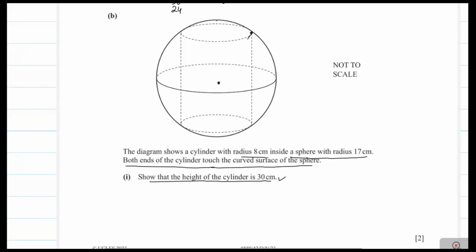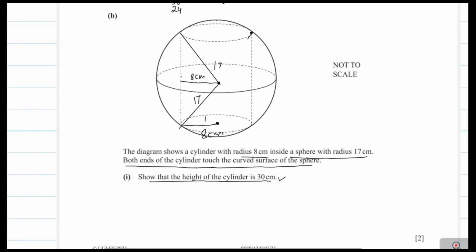This is the center of the sphere, and the radius is 17 centimeters. The radius of the cylinder is given as 8 centimeters, and we take this length here also as 8 centimeters.